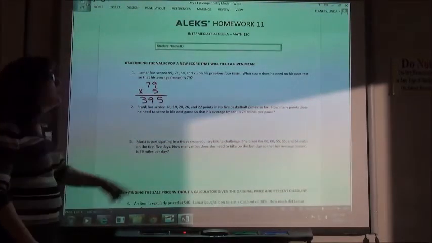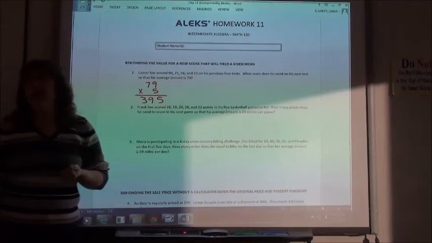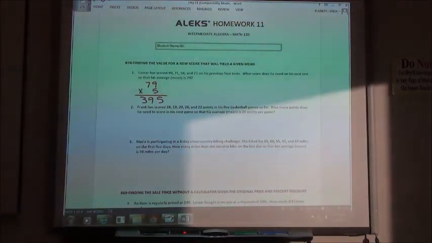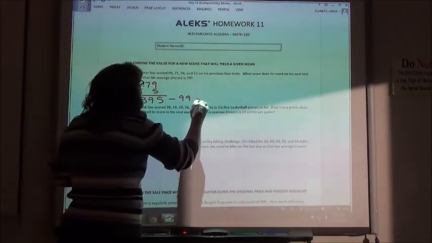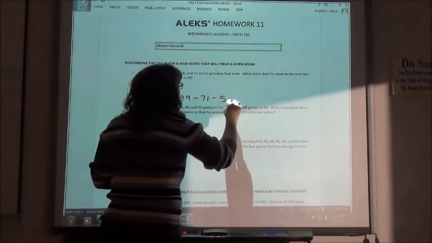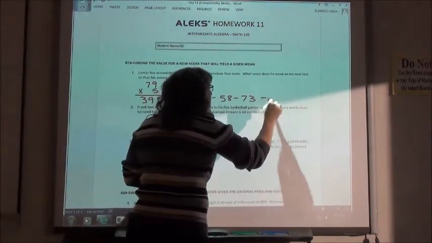Then basically all you're going to do is subtract off the ones that he already did. On Alex, they're going to add them first and just subtract one big number, but since you're using your calculator, you might as well just go ahead and subtract the 99, subtract the 71, subtract the 58, and subtract the 73.